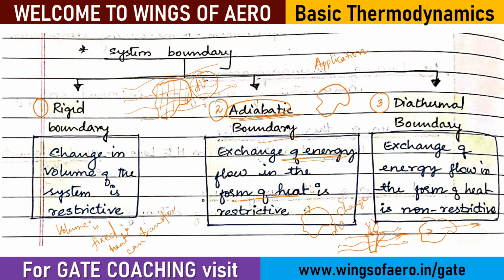The heat is going to transfer, but is the volume changing? No, the volume is going to be fixed, because the steel cup is not going to undergo any deformation of the boundary. So here the volume is fixed but heat is transferred, so it is a rigid boundary.